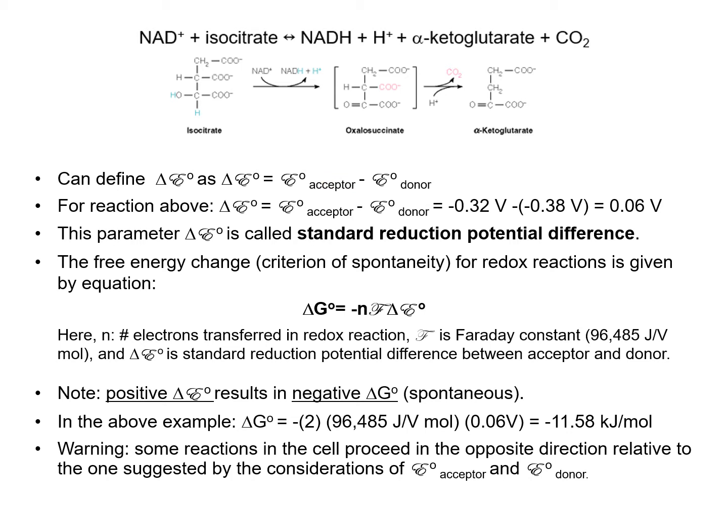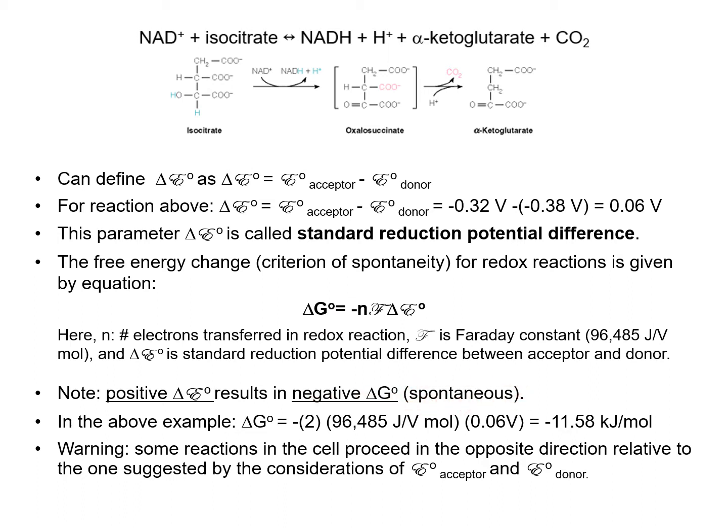Note that since there's a minus in this equation, a positive delta E naught will result in a negative delta G naught, and a negative delta G naught is indicative of a spontaneous reaction.